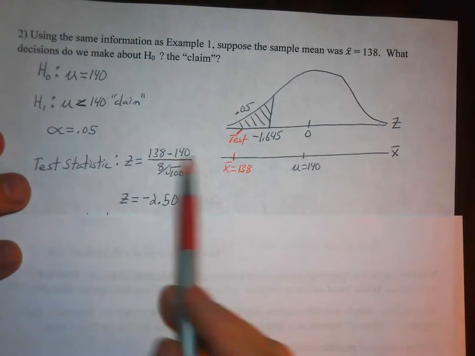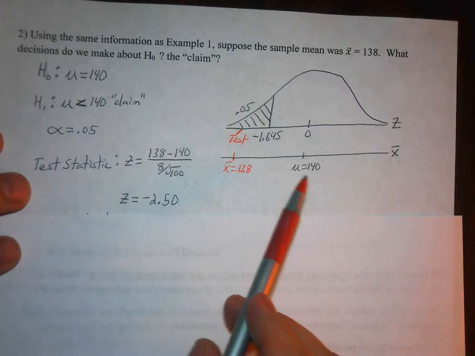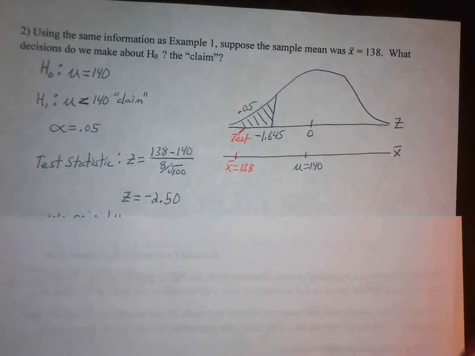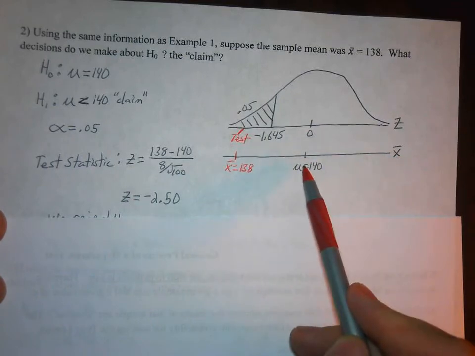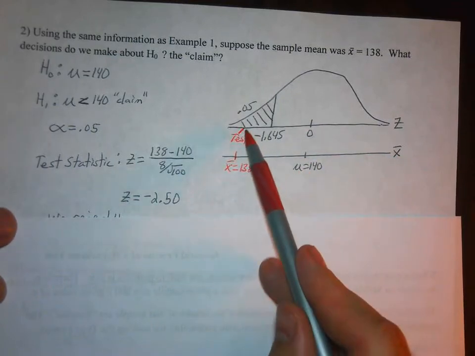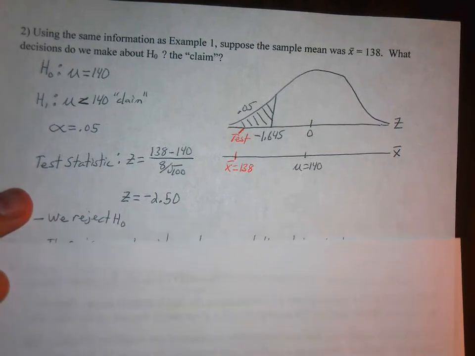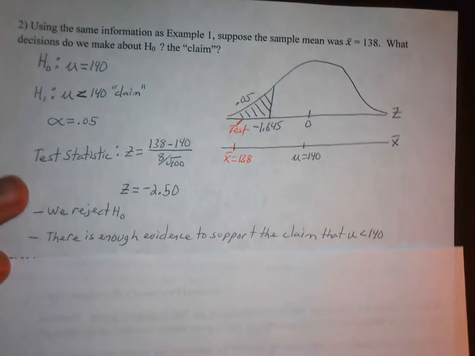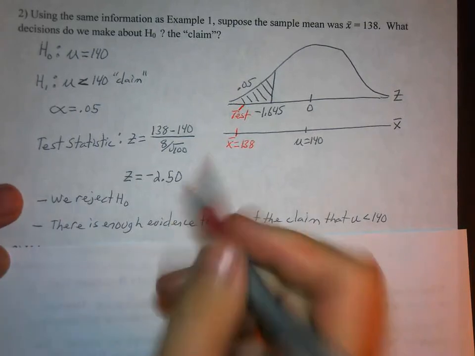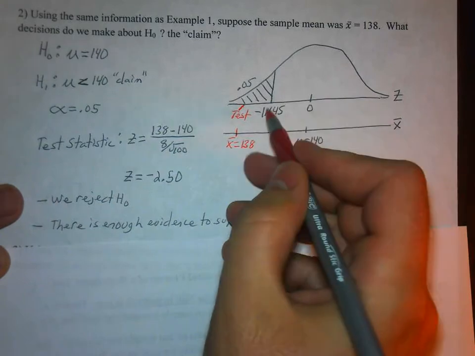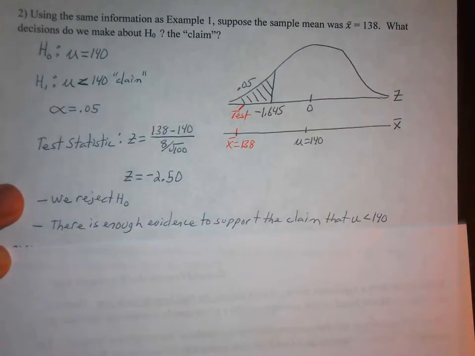So even though 138 seems close to 140, based on the variation in our data set with the SDSM, the X-bar distribution, it didn't get close enough. So we have the same decision as before. We reject H0, and there is enough evidence to support the claim that mu is less than 140. The decision was exactly the same because our test statistic was still in that rejection region.